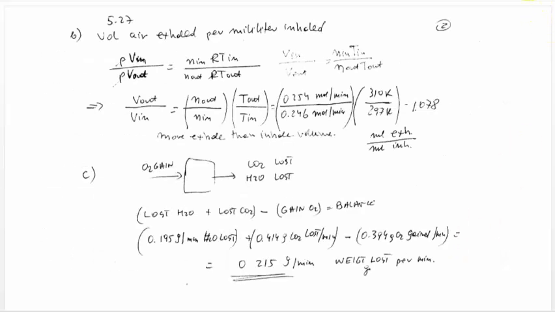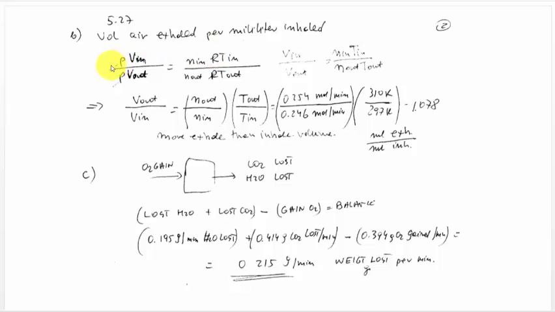The next question is to calculate the volume of air exhaled per milliliter of air inhaled. We set up the ideal gas equation for the inlet and outlet of the process. PV in is equal to the molar flow rate in times R times temperature in.